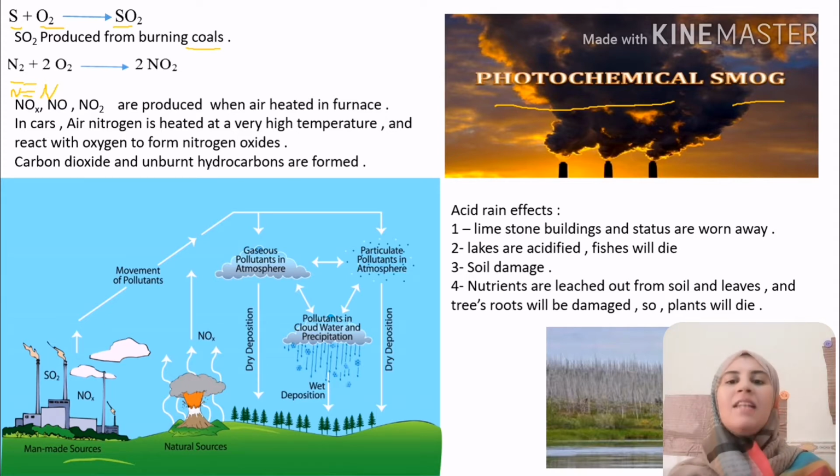Already we said that in the air we can find 78% nitrogen. So by heating nitrogen at very high temperature, it will react with oxygen to produce nitrogen dioxide and different types of nitrogen oxides.